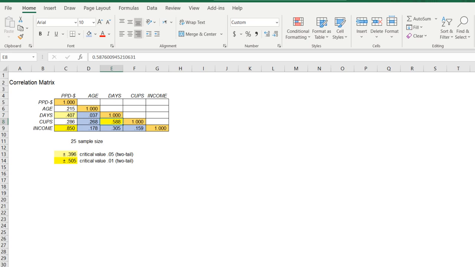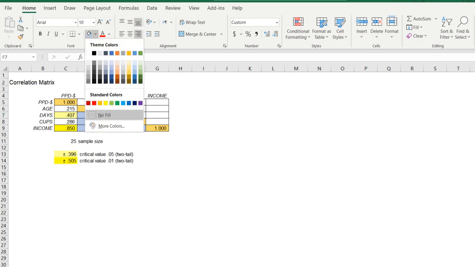The reason this upper triangular portion is blank is because the correlation between cups and days is the same as between days and cups. If you wanted to, days and cups would be here. If you want, I can type 0.588 here. I don't know why it's not staying, maybe because it's painted.